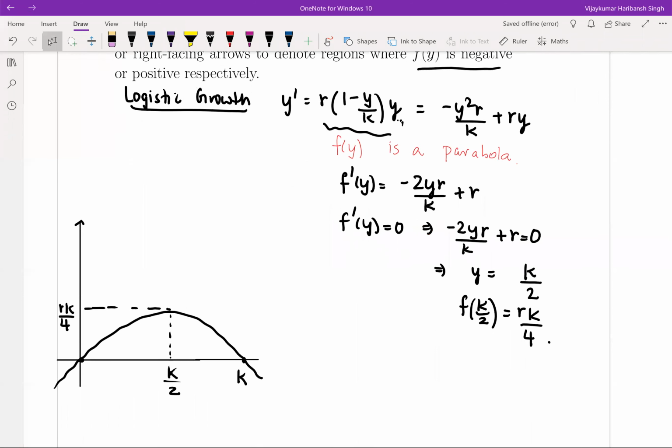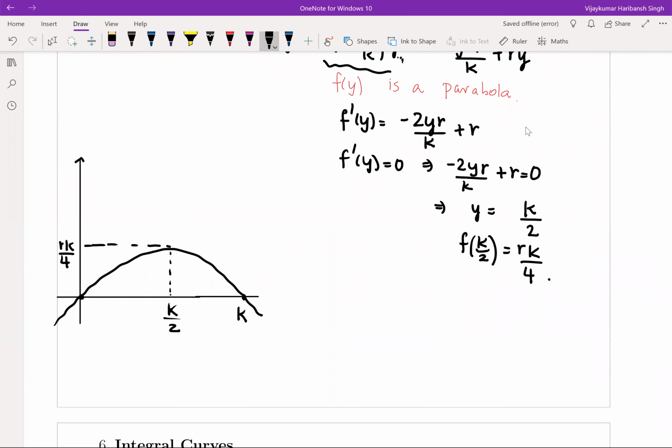Here f of y is less than 0, so I will draw an arrow in this direction. What about here? Here f of y is positive, so I'll draw an arrow like that. Similarly, in this case, I'll draw an arrow in the opposite direction, although for population growth, this does not apply, because f of y is never going to be negative for population growth.